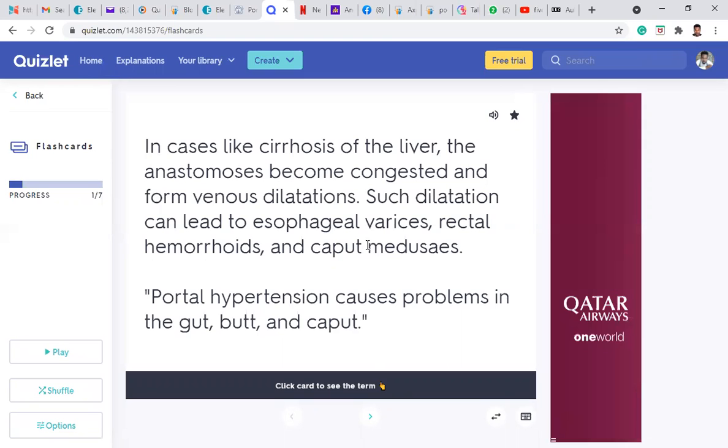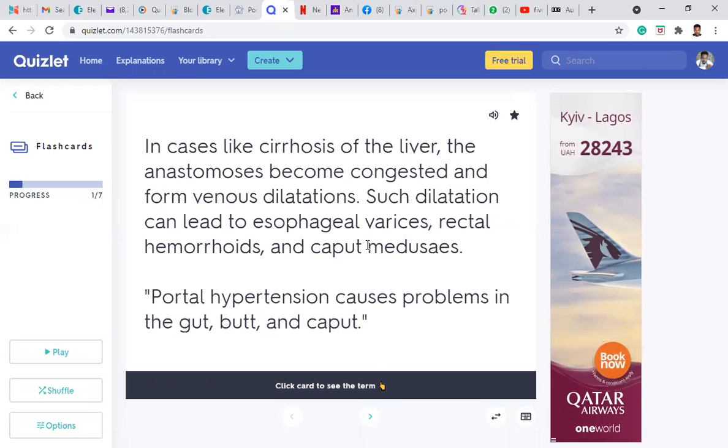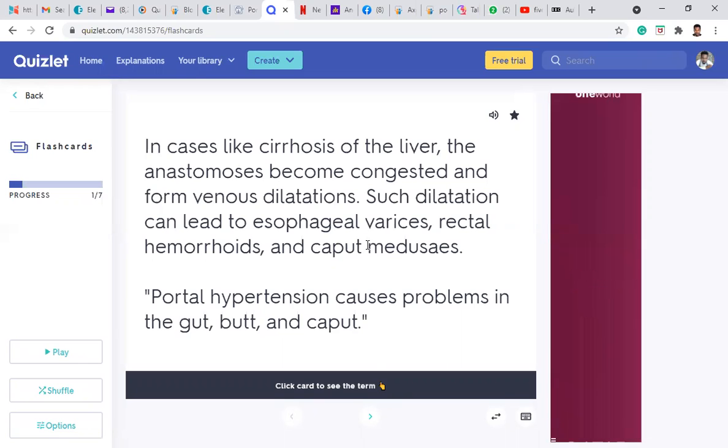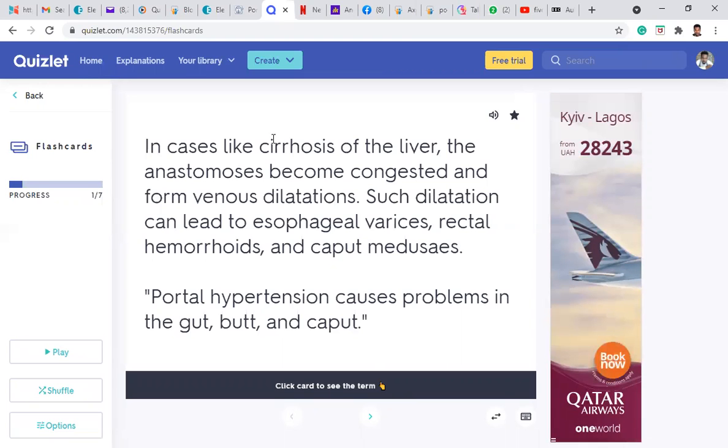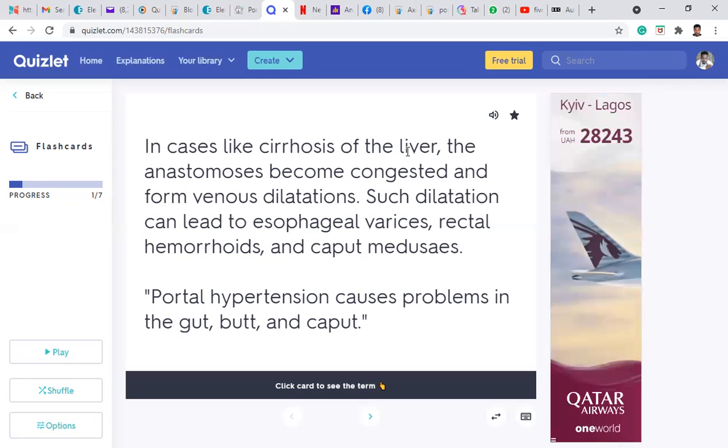And that extrahepatic cause could be thrombosis of the portal vein, while the intrahepatic cause is cirrhosis of the liver, which is the primary or the most common cause of portal hypertension.